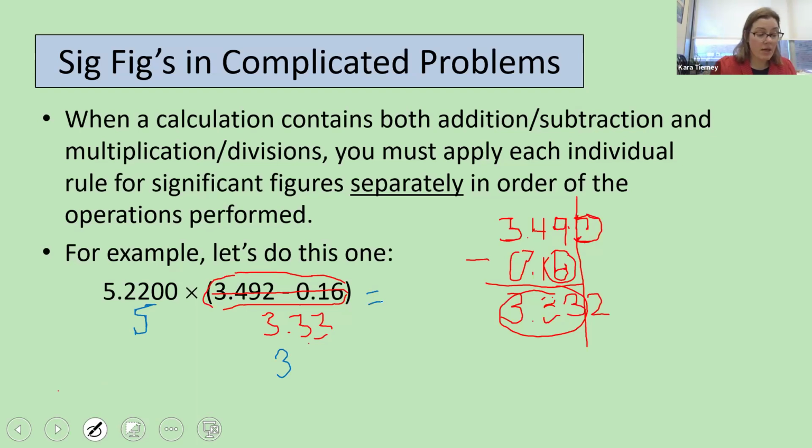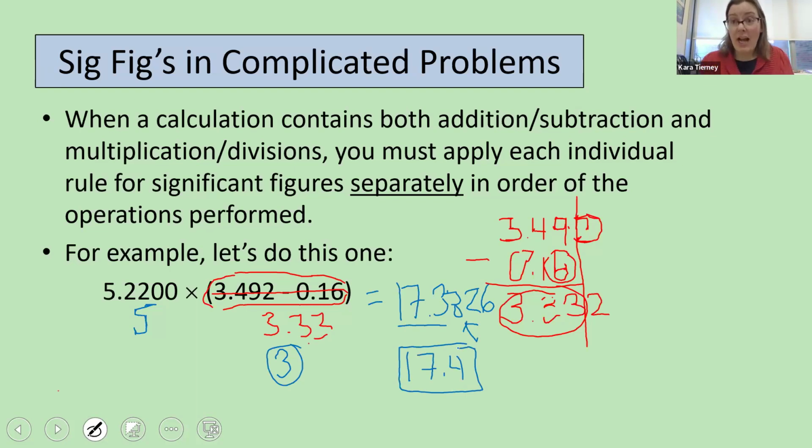So when I multiply these together, I get 17.3826. I apologize for my writing on this. I'm only allowed 3 significant figures, so I'm going to look at the 17.3. The 8 rounds the 3 up, and so my result is 17.4.